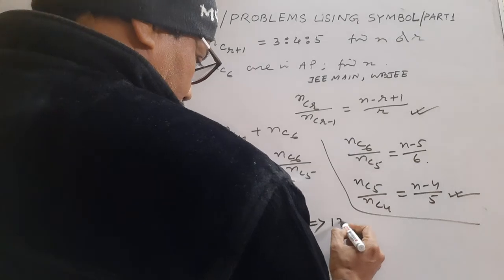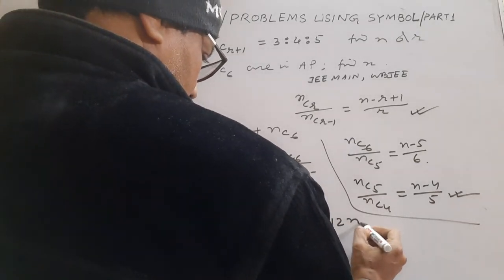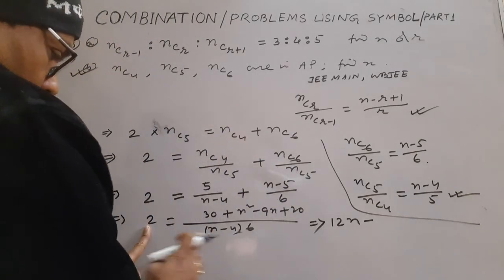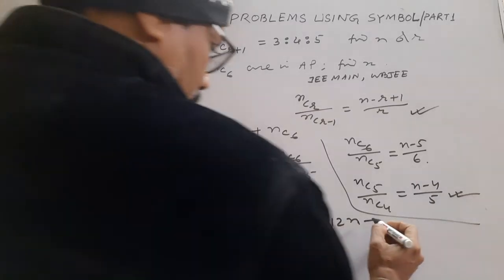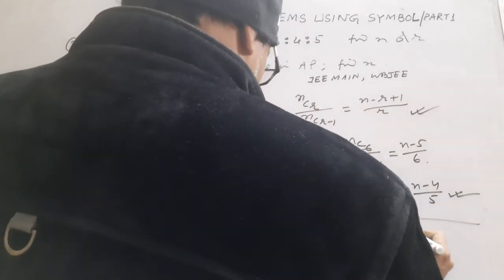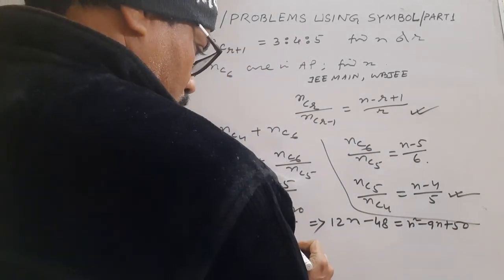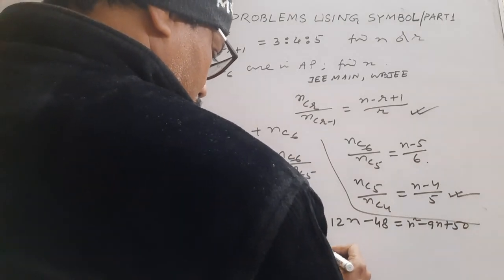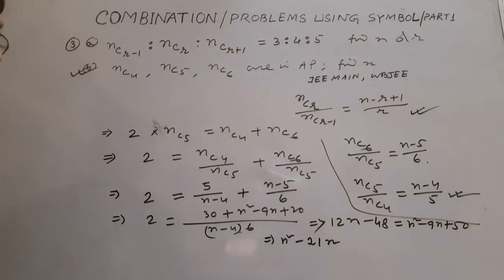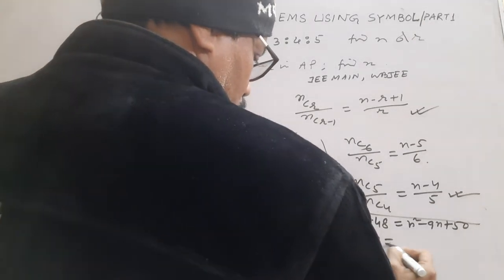So 12n, 6 into 2, 12n minus 48 equals n square minus 9n plus 50. So n square minus 9n minus 12n, this is 21n. n square minus 21n plus 98 equals 0.